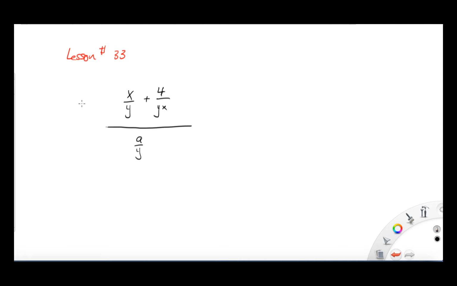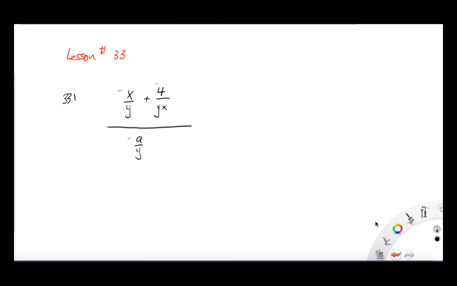What I want to do is look at the actual complex fraction of 33.1, which is found on page 150. You'll notice a complex fraction because you have a set of fractions here over another fraction here. So it's complex, meaning that there's more than one fraction being a fraction.